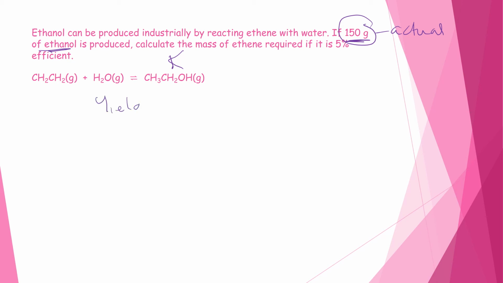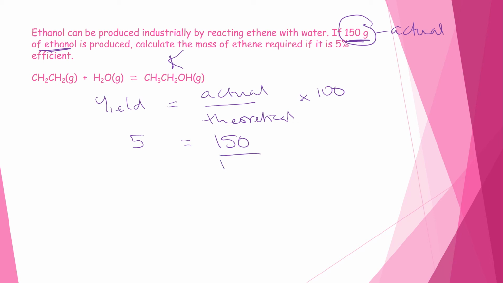So our yield is equal to actual divided by theoretical times 100. So our actual amount was 150 grams. That's our actual product that we got in hand. Our yield was 5%. We don't know what we would have got if we had 100% conversion, and that's what we need to find to start this problem.